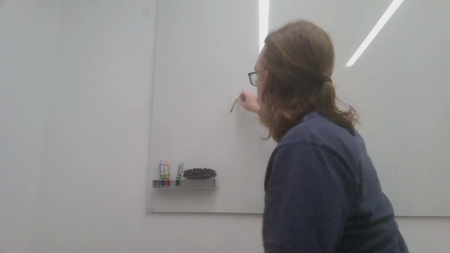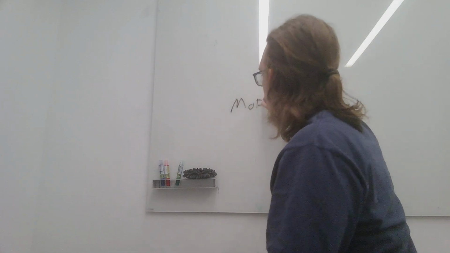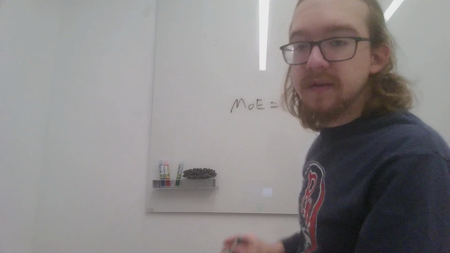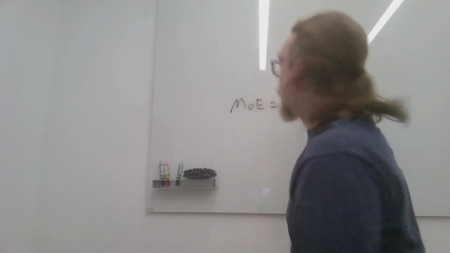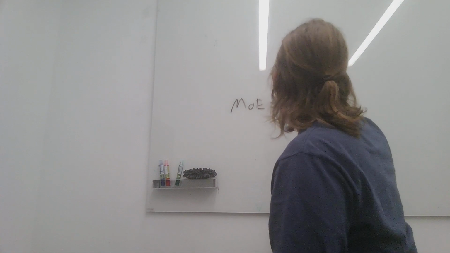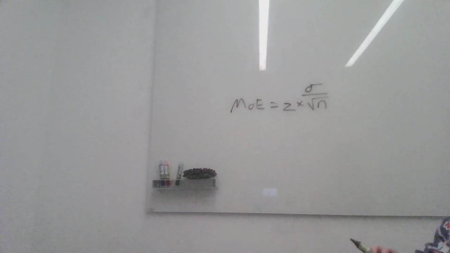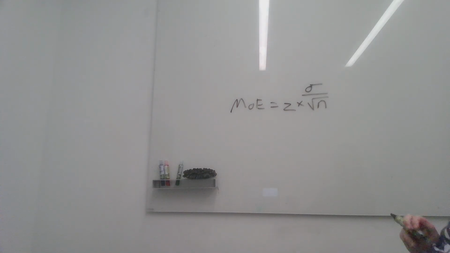The equation for margin of error is: the margin of error is equal to your z-score times your standard deviation over the square root of n. That should look familiar because we just wrote that as part of the equation for confidence interval.